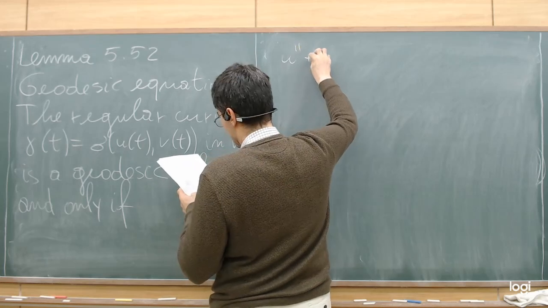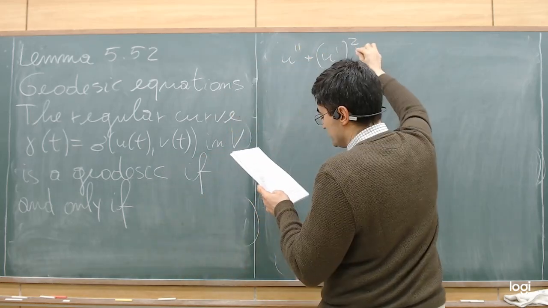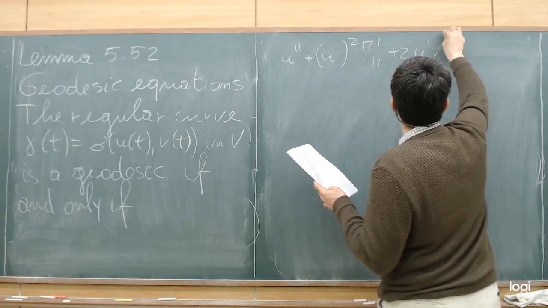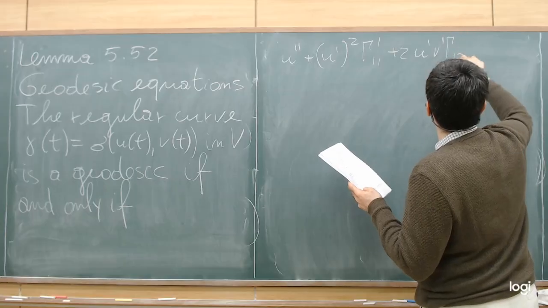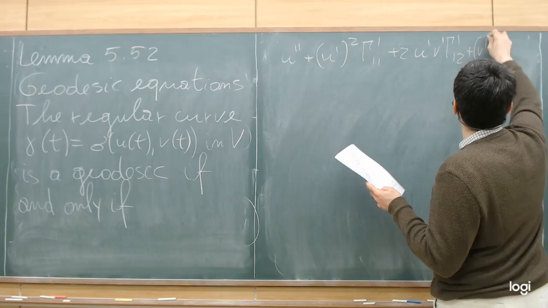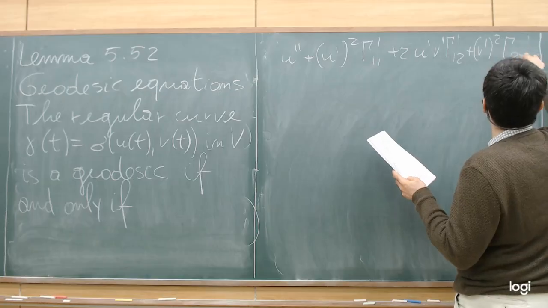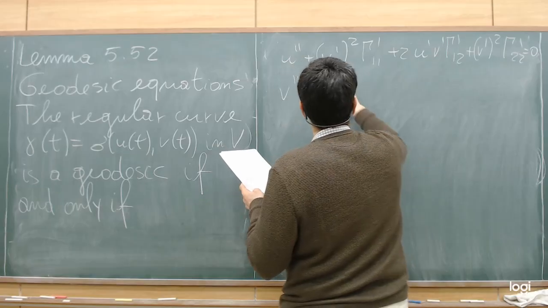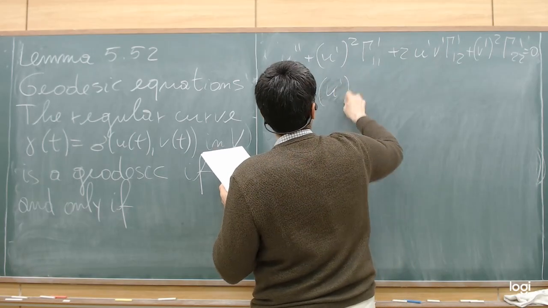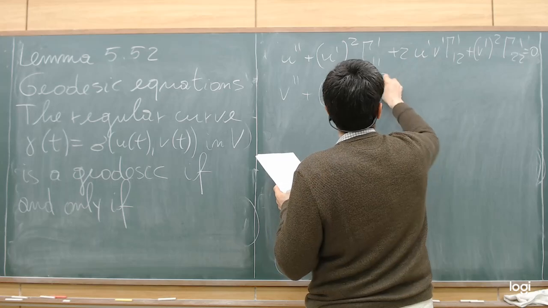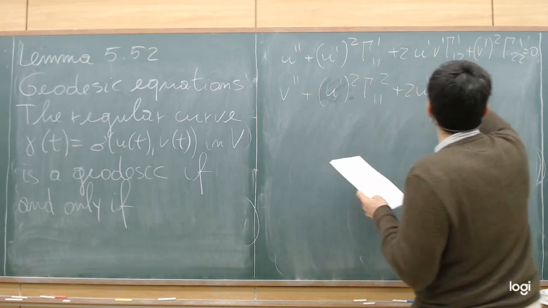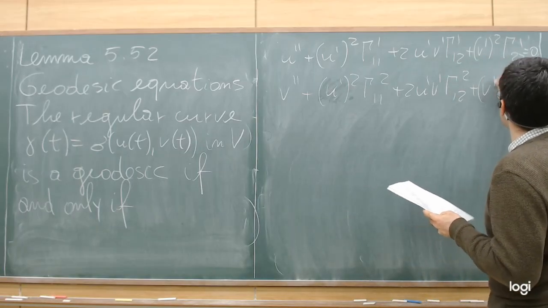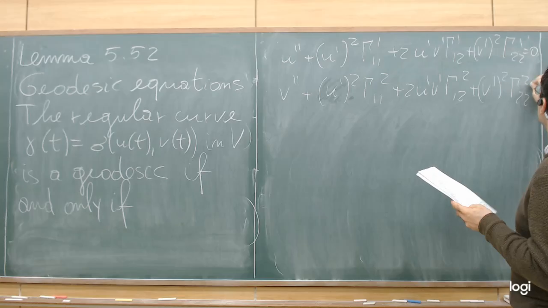u second plus u prime square gamma 111 plus 2u prime v prime gamma 121 plus v prime square gamma 221 equals 0, and v second plus u prime square gamma 112 plus 2u prime v prime gamma 122 plus v prime square gamma 222 equals 0.